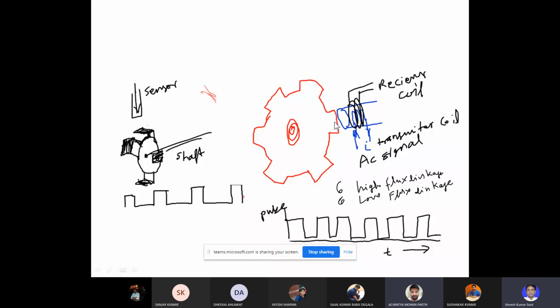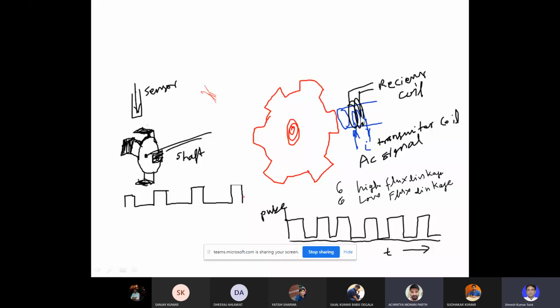So if there is no magnetic flux linkage, in that case the receiver coil will have very small flux linkage. However, when there is a magnetic part, that is the projected part of the disk in front of this sensor, this secondary coil will get more flux from the primary.